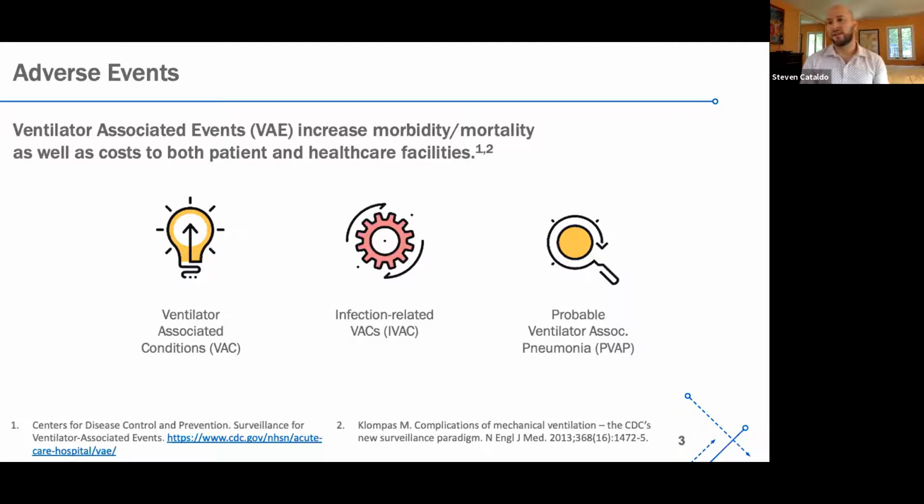Usually this includes things like worsening PEEP requirements, worsening FiO2 requirements. Of course, fevers and known infections, consolidations on X-ray, all of these different things come together to create these definitions of ventilator-associated conditions, infection-related ventilator-associated conditions, and then, of course, probable ventilator-associated pneumonias.